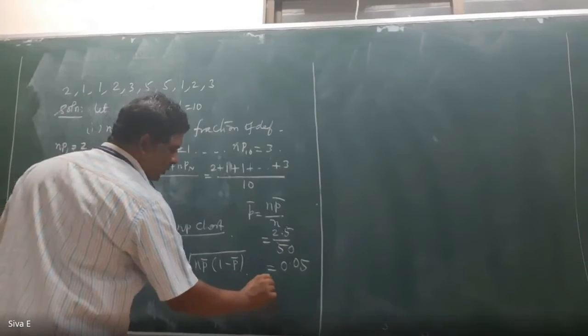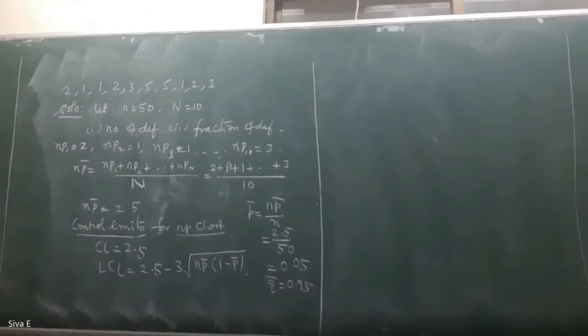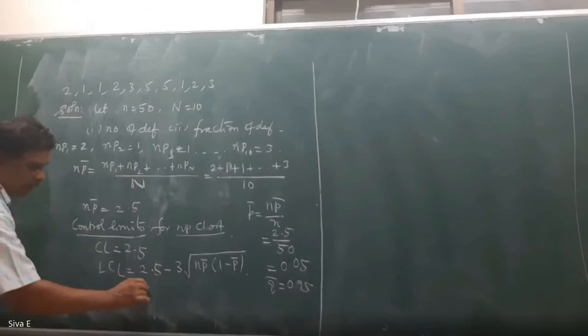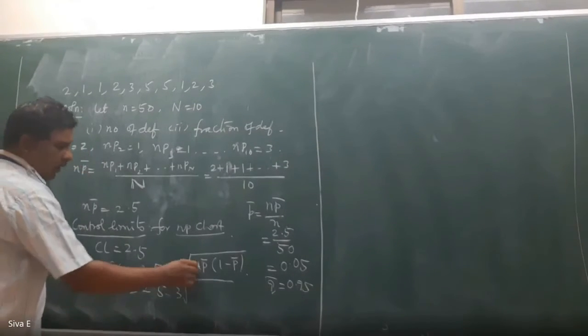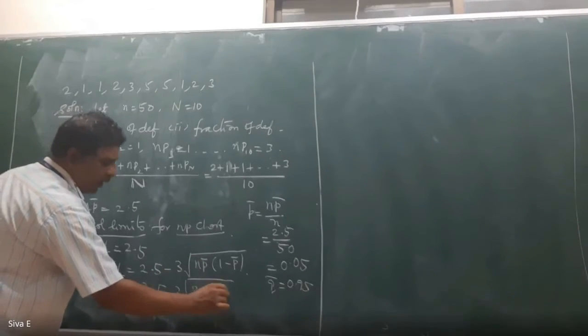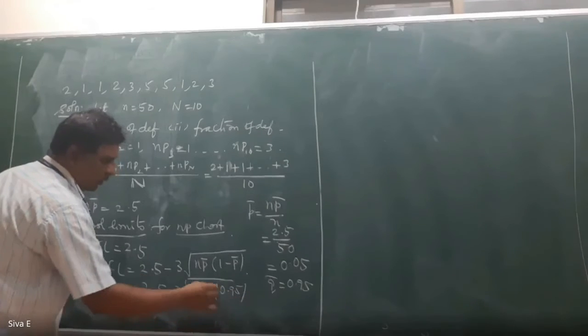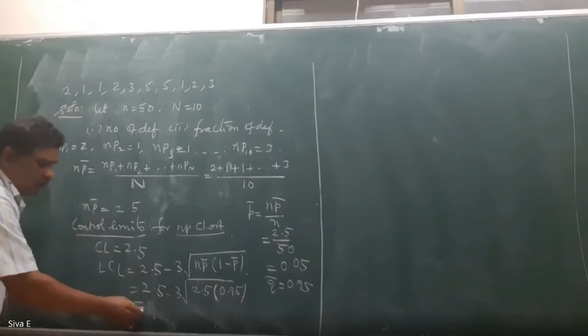So, Q bar is 0.95. Therefore, substitute here: 2.5 minus 3 into square root of NP bar, which is 2.5 into 0.95.